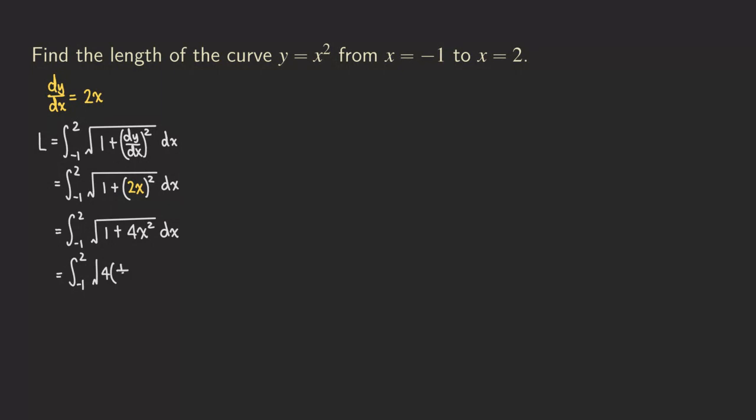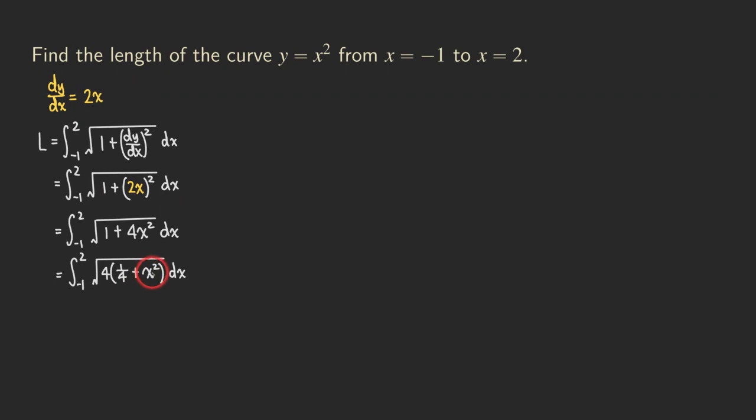Then you are going to get 1 over 4, because 4 times 1 over 4 gives you the 1, and then plus x squared. Okay. And then now just that. So at this point, we can actually start making the substitution in here, right?